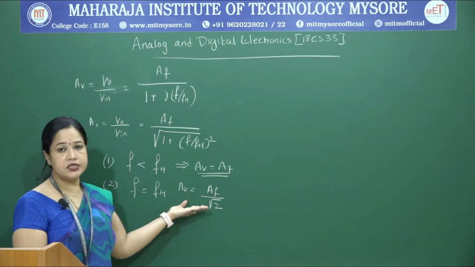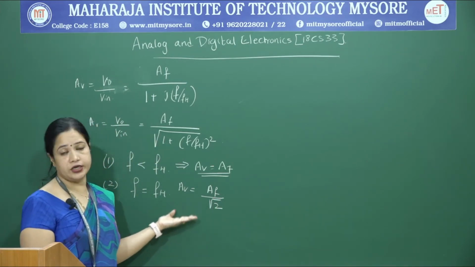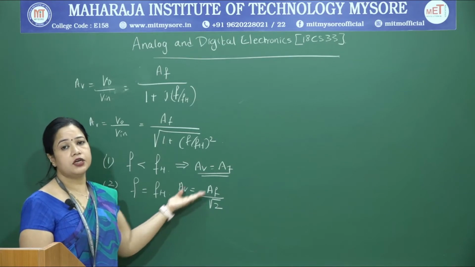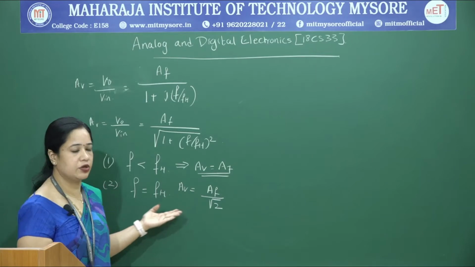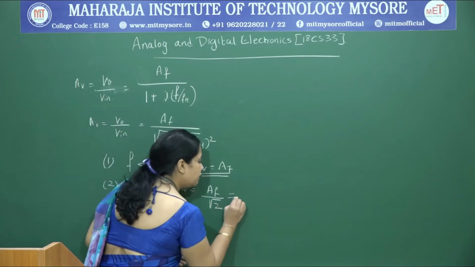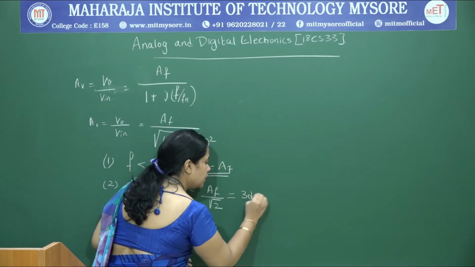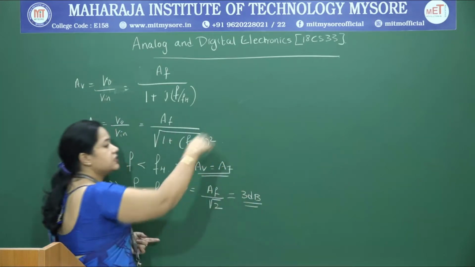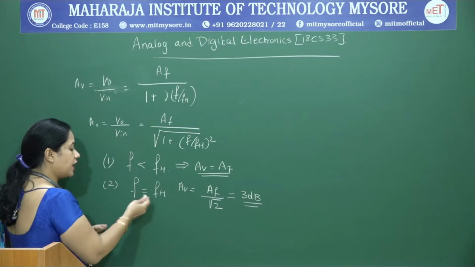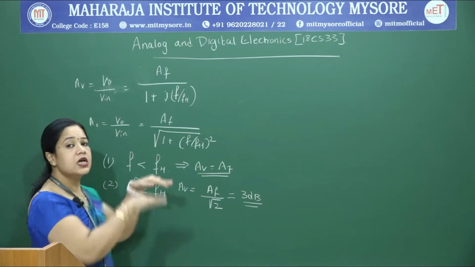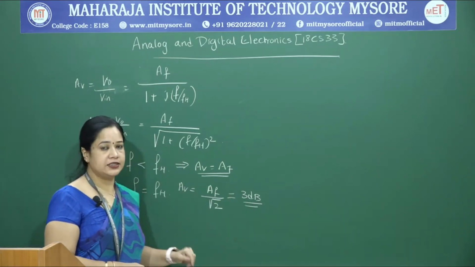If you convert this to decibel, that is, taking log to base 10 and multiplying by 20, you get a value of 3 decibel. I will make a comment on this later while I take up the frequency response. So, what happens at the cutoff frequency is that the gain falls by 3 decibel.